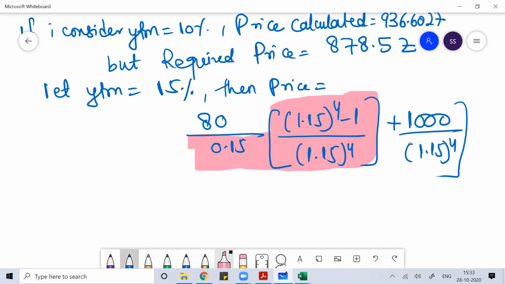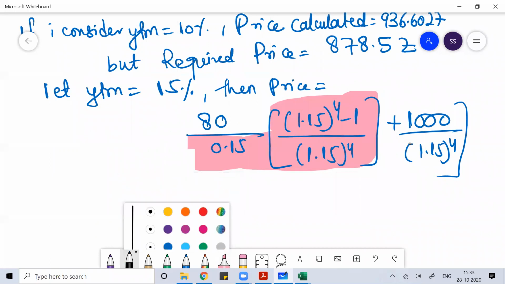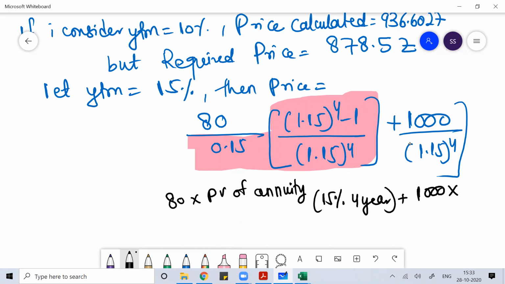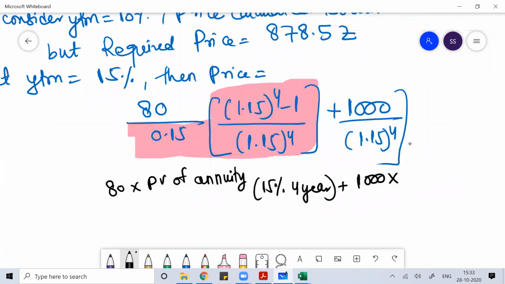You know how to calculate manually by this time. Without calculating manually, it is 80 into the present value of annuity for 15% for 4 years, plus 1000 into the present value factor for 15% for 4 years. You can do it either way.